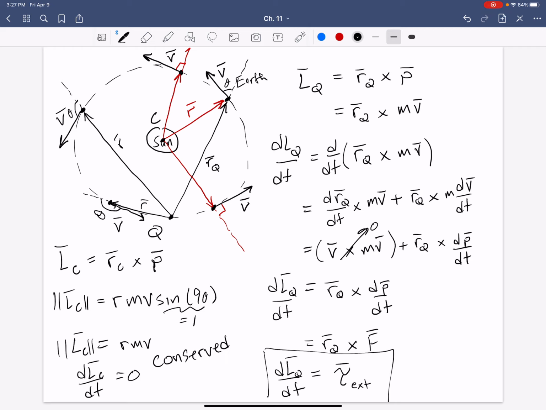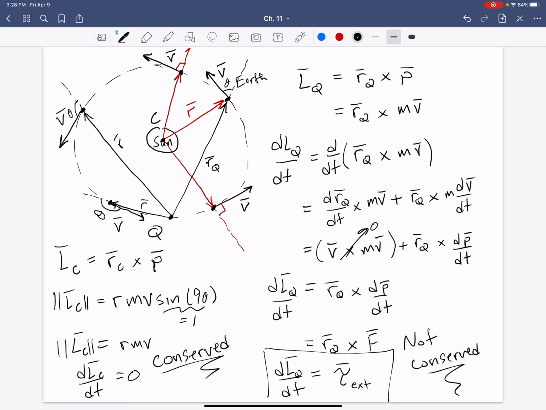The angular momentum is conserved if it does not change in time. If it does change in time, we say that it's not conserved. So whenever there's an external torque present, changing the angular momentum value, it's not conserved. If it's always the same, it is conserved.